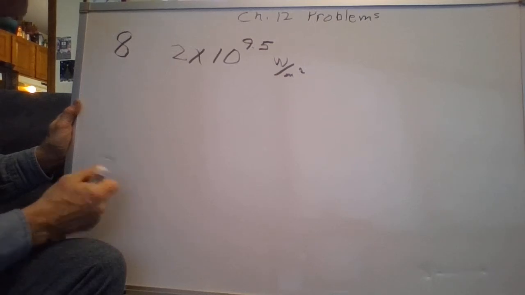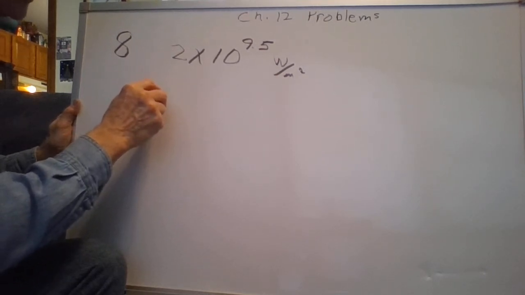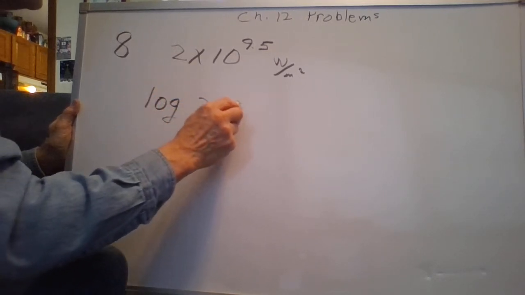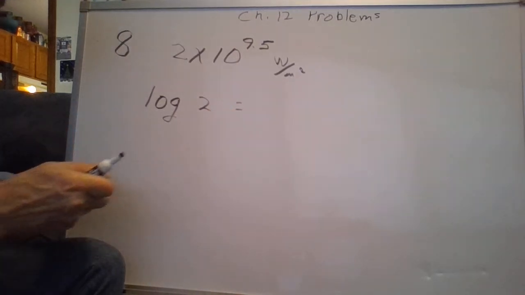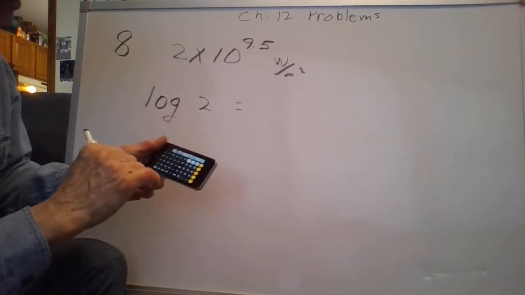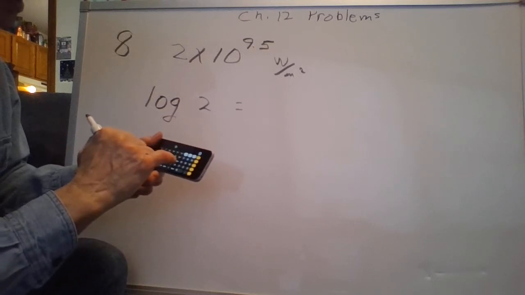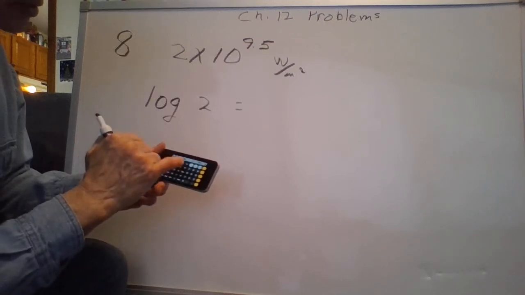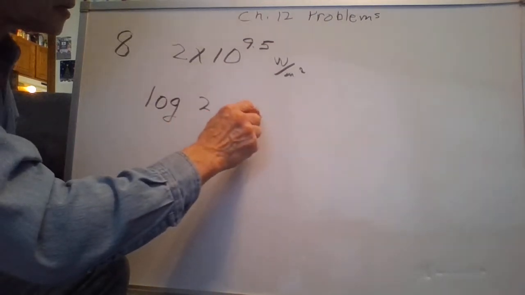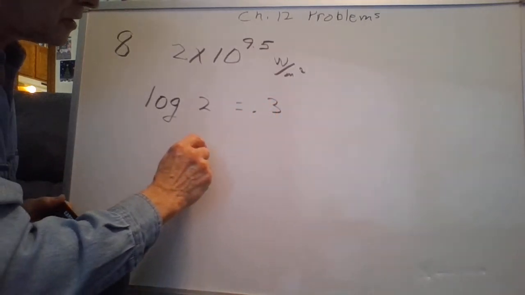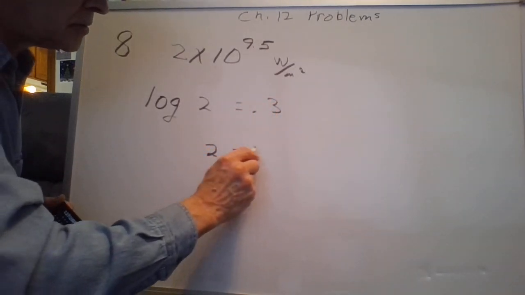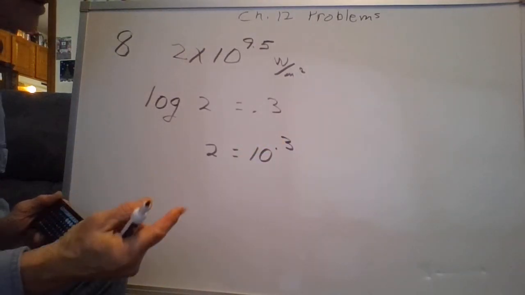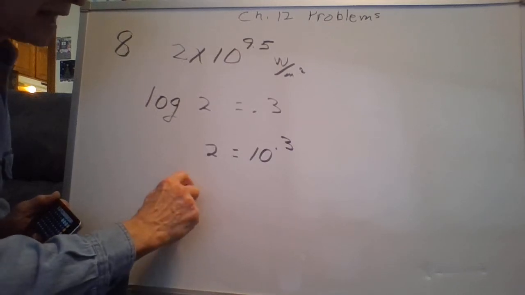It turns out we could take the log of 2, put that in your calculator, and it's 0.3. So in other words, another way to write the number 2 is 10 to the 0.3 power. Or another way of saying it, twice as loud.